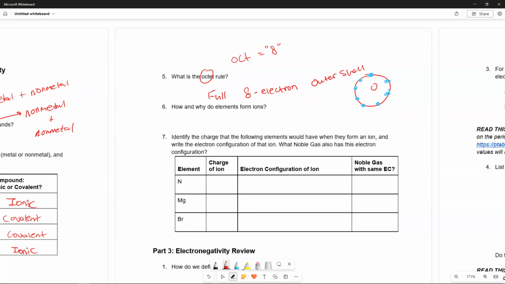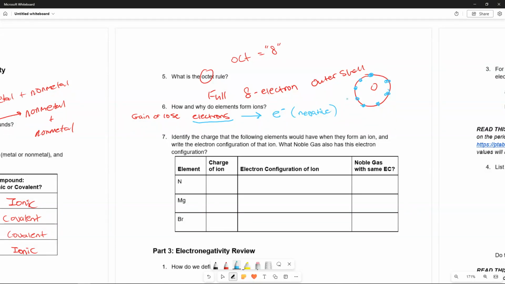And so, why do ions form? Because you either gain or lose electrons. All right. And so, if it gains electrons, right? You have to kind of understand what electrons are. Electrons are negative.